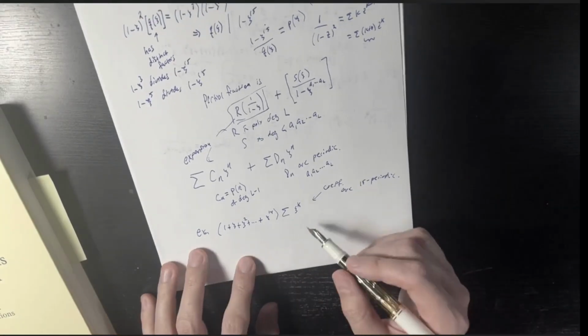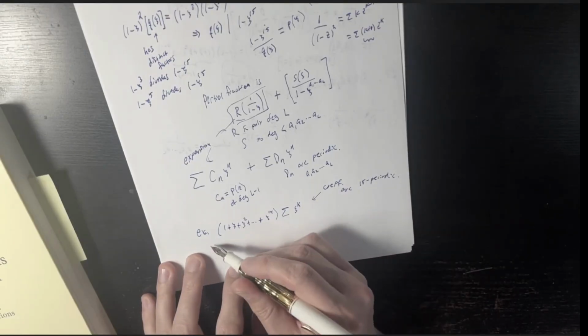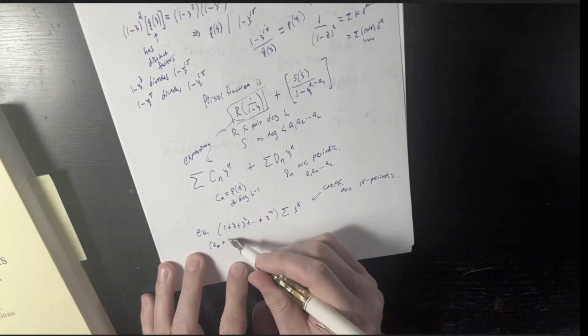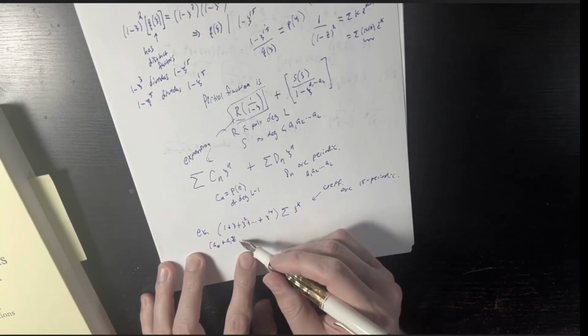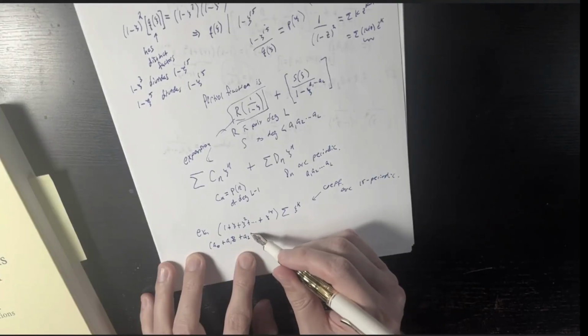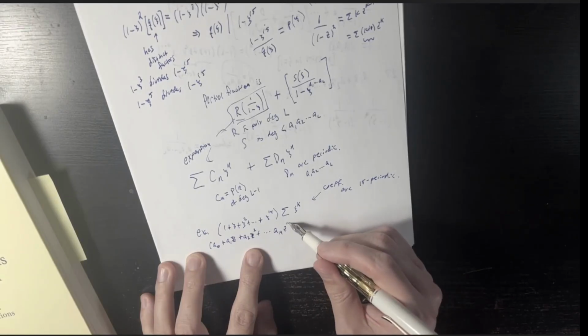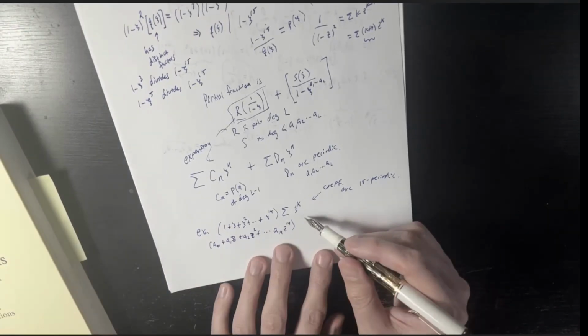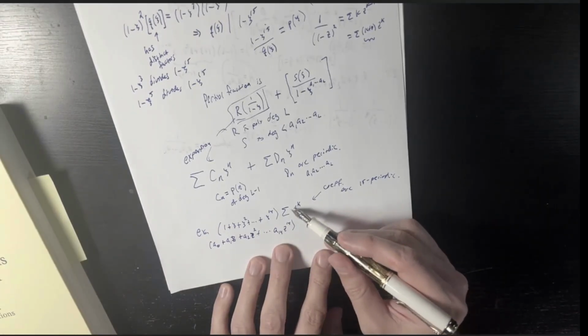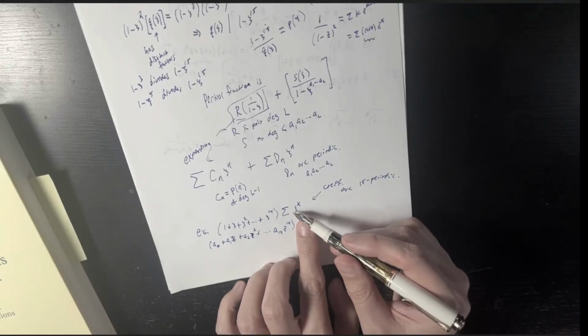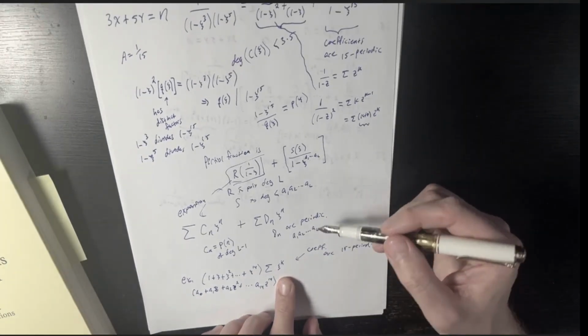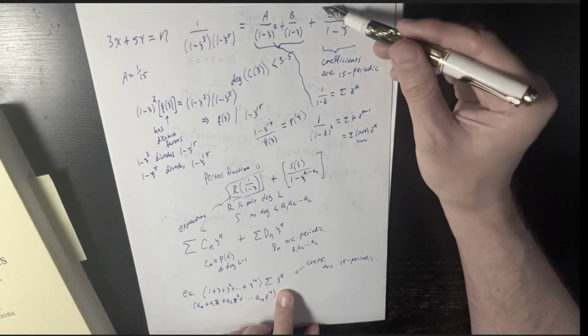But yeah, more generally, of course, if you had a0, a1 z, a2 z squared, etc., and you multiply it by some power series, and that one we can have just regular coefficients are 1 because it's coming from this type of term.